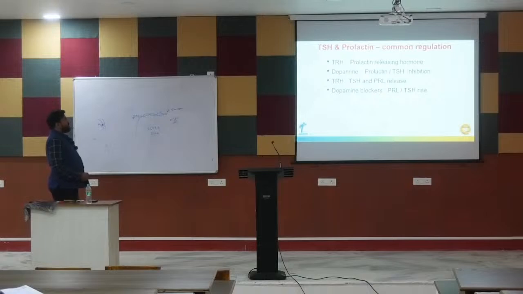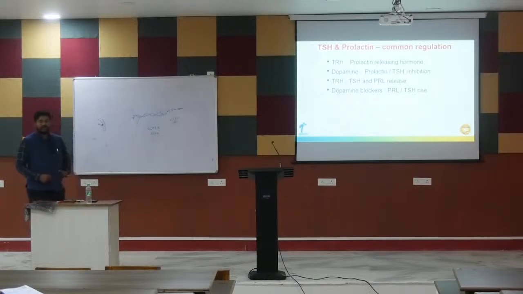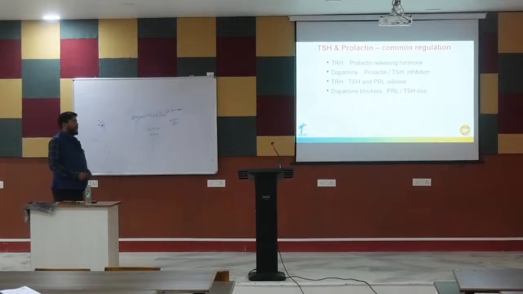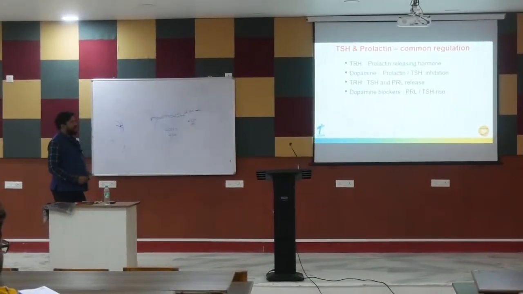Thyrotropin releasing hormone also releases prolactin. Dopamine inhibits the release of prolactin and TSH. So whenever there is TRH release, there is also prolactin release along with TSH. TRH stimulates release of both TSH and prolactin. So the more the TRH, the more the TSH and prolactin.